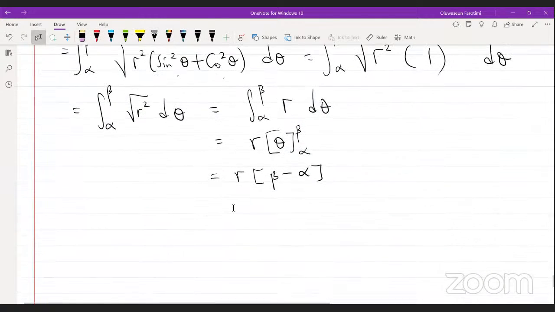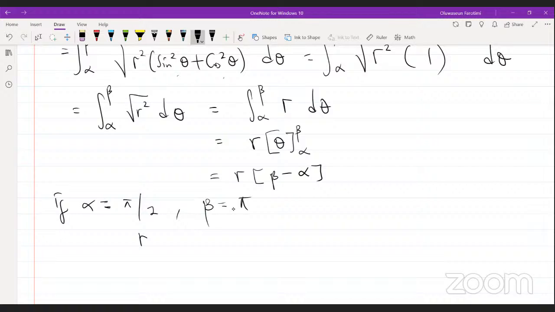Suppose alpha and beta are numbers. Let's take alpha to be pi over 2 and beta to be pi. What happens? That means r times beta minus alpha.